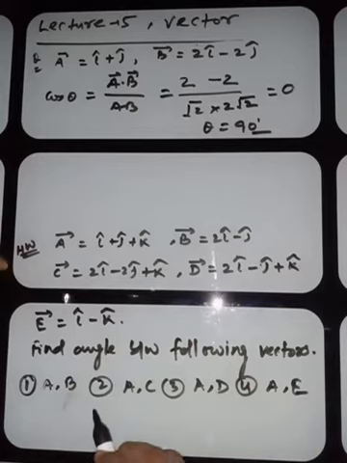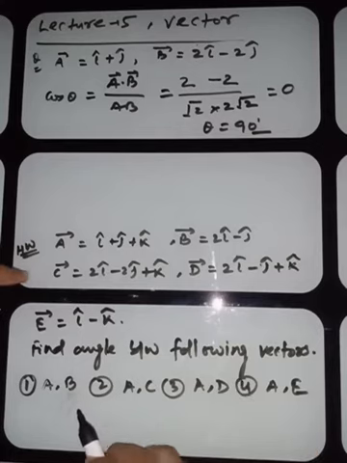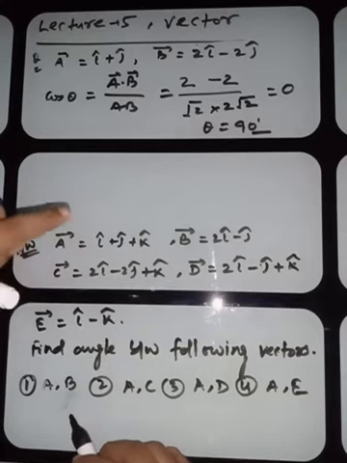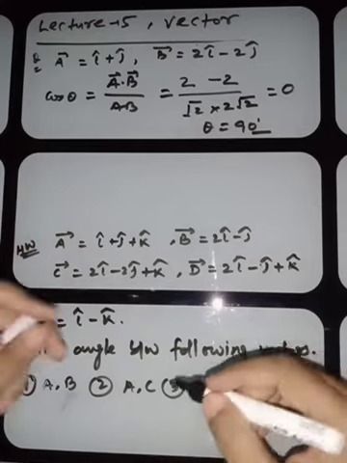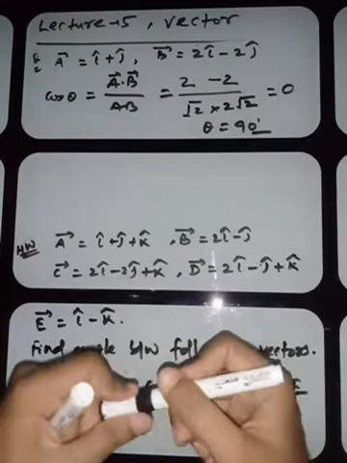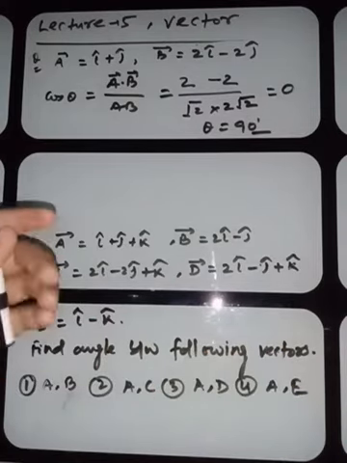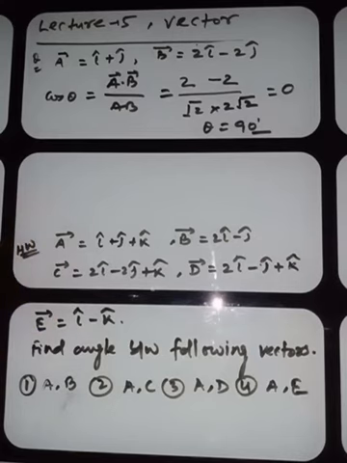Like the fifth one will be B dot C, B dot D, B dot E, C dot D, C dot E and D dot E. In total, you will have 10 questions, my dear students. All right, so this is all about the application to find the angle between two vectors.